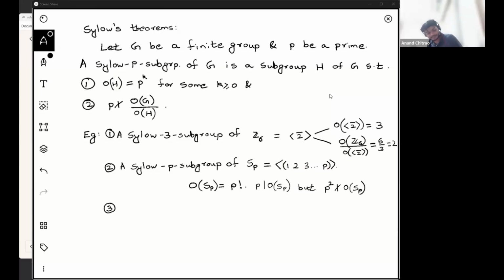Then, you saw the examples of U_n, B_n, and T_n. So it turns out U_n is a Sylow P subgroup of B_n.